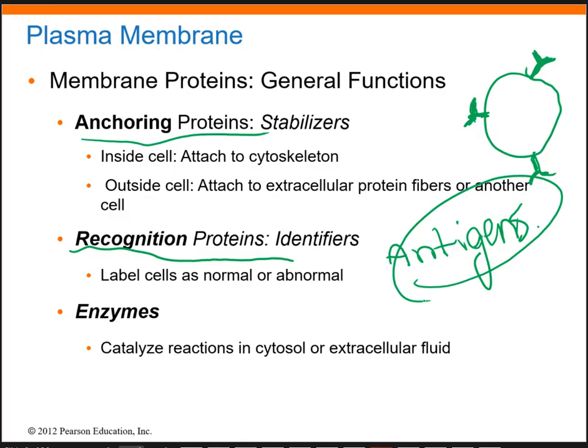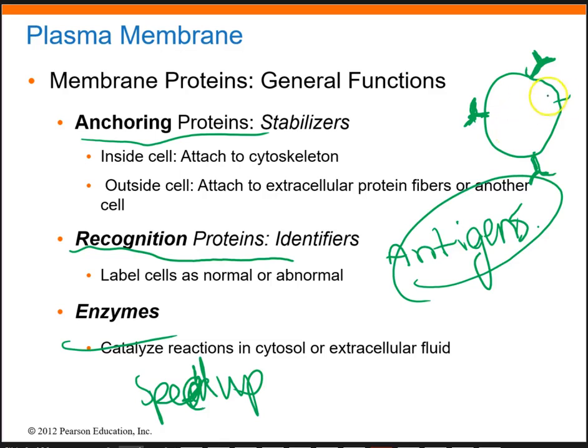There are some proteins that are present in the plasma membrane that act as enzymes. Remember, enzymes just catalyze chemical reactions or speed up chemical reactions.